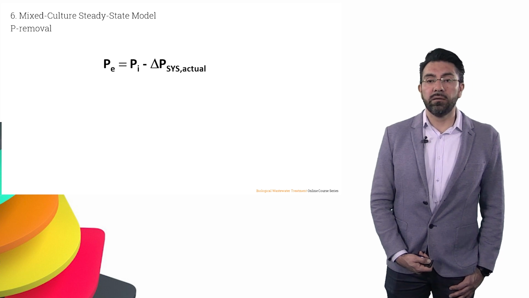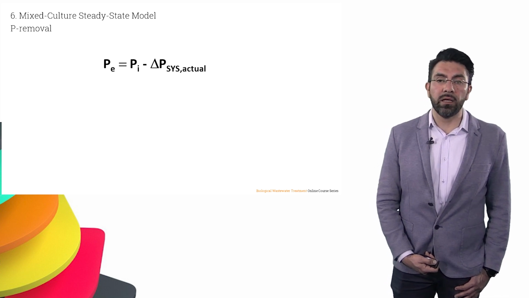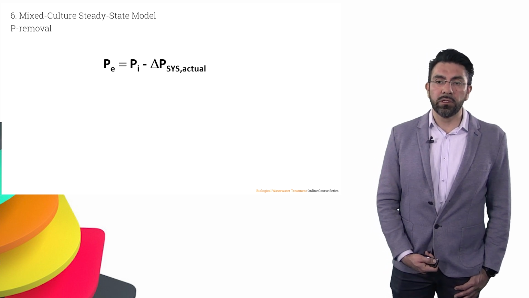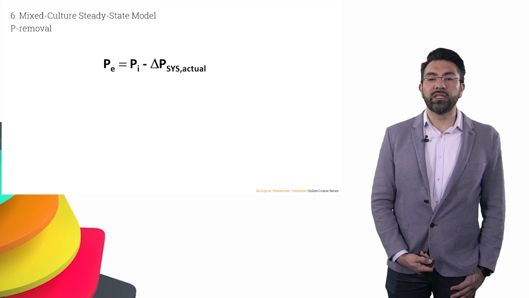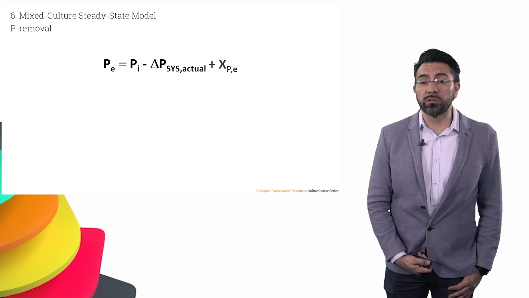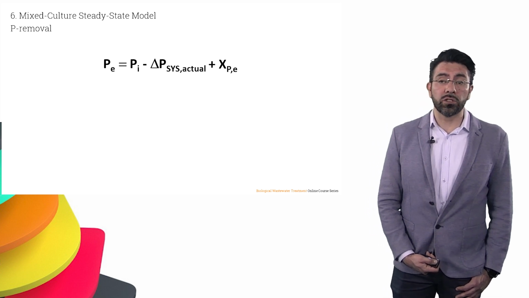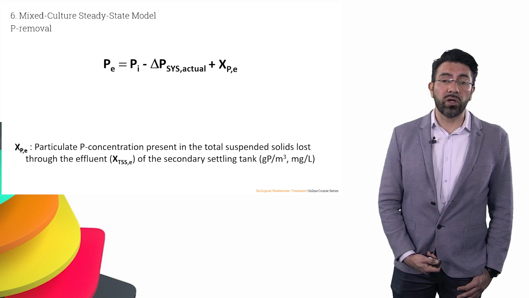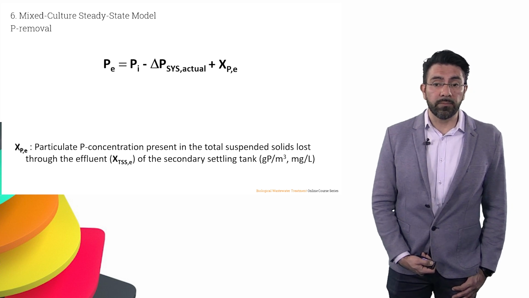If the concentrations are more or less similar, it's going to lead to a very low, almost negligible concentration. But since we are dealing with total phosphorus, we need to take into account the phosphorus present in the solids that are lost through the effluent.